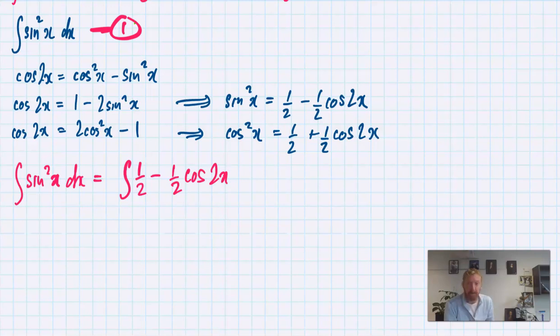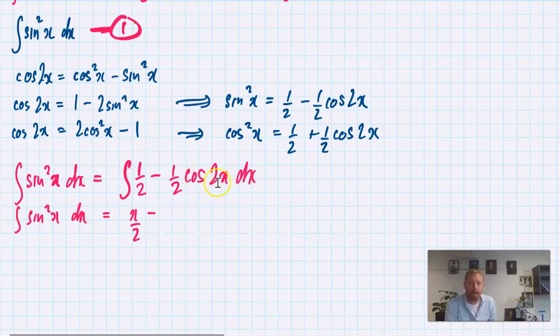All this I know how to integrate. So let's just do it. And I get the integral of sine squared x dx equals x on 2 minus, how do I integrate that?